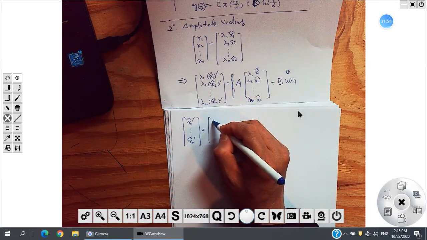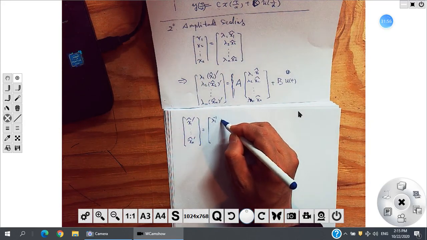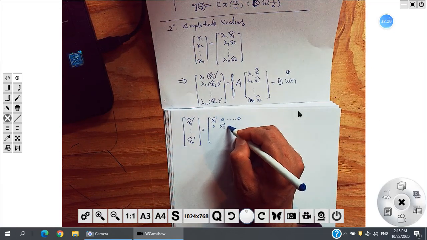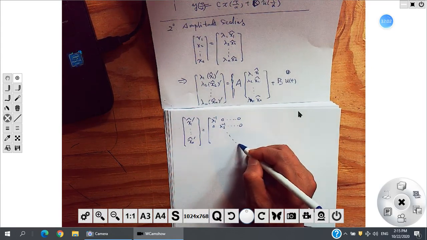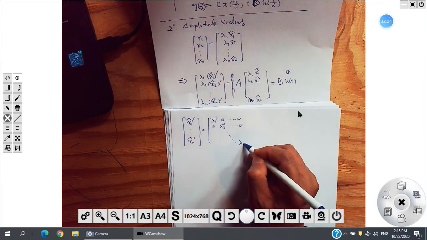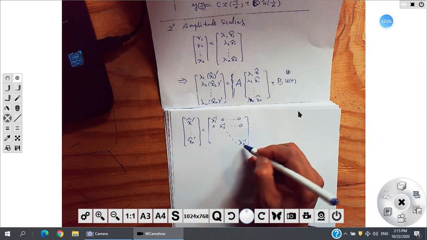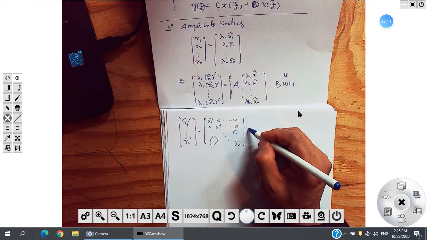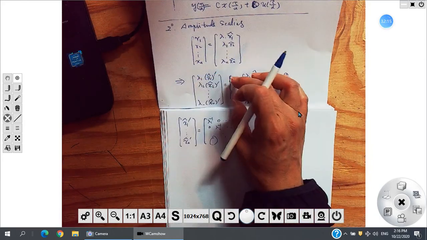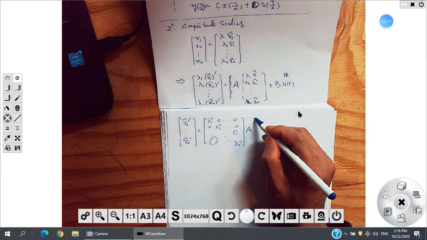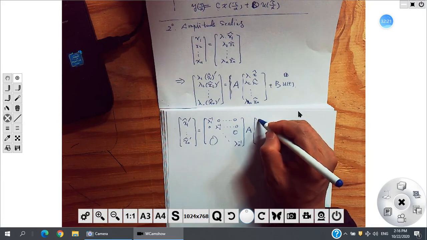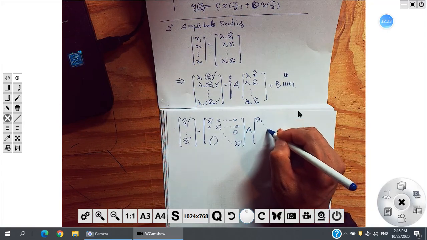This is lambda 1 inverse, 0, 0; lambda 2 inverse; then 0, lambda n inverse. This part is 0, this part is 0. This one times a, times lambda 1 until lambda n.